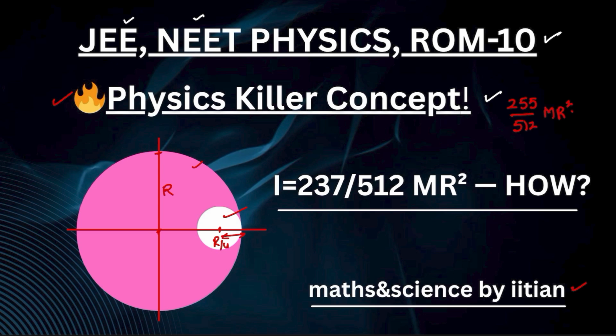That is a wrong answer. We should get something like 237 by 512 M R square. How? That is the question here.